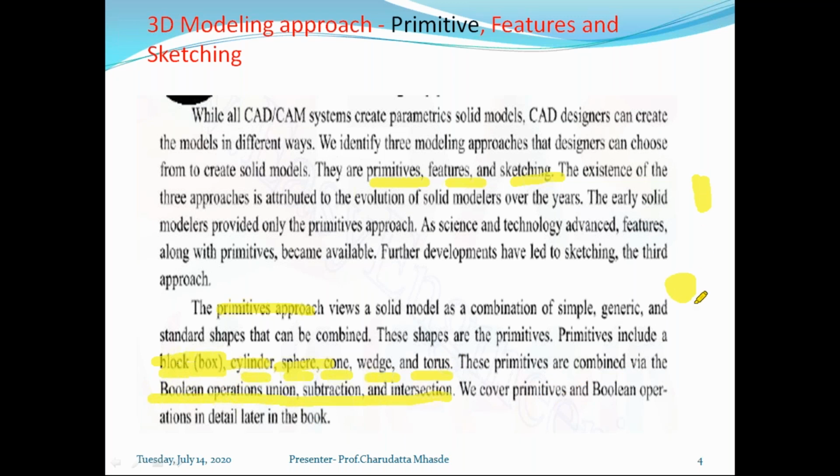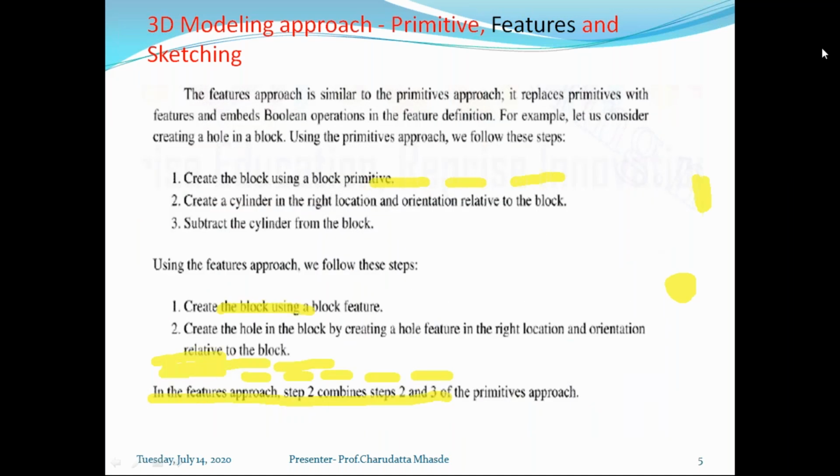Means you can add to a model, you can subtract, or you can have intersection between them. We will cover primitives and Boolean operations in further sessions. So this is the primitive approach. In this slide, I have created a primitive model for all of you. The second approach we are going to see is the feature-based approach. Now, what is the feature-based approach?